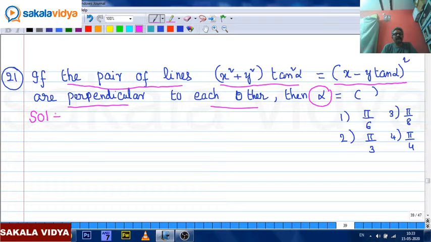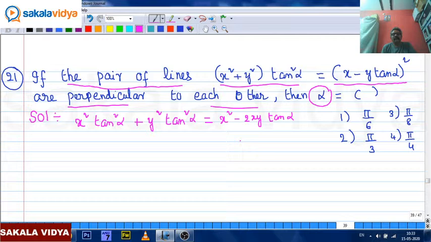Solution. First we can simplify like this: x² tan² alpha + y² tan² alpha. On the right hand side, (a − b)² gives x² − 2xy tan alpha + y² tan² alpha.